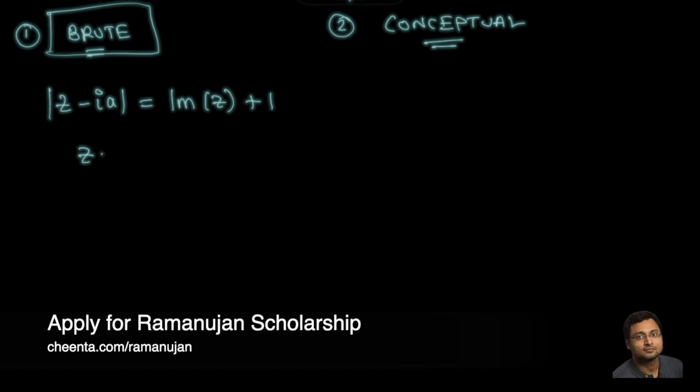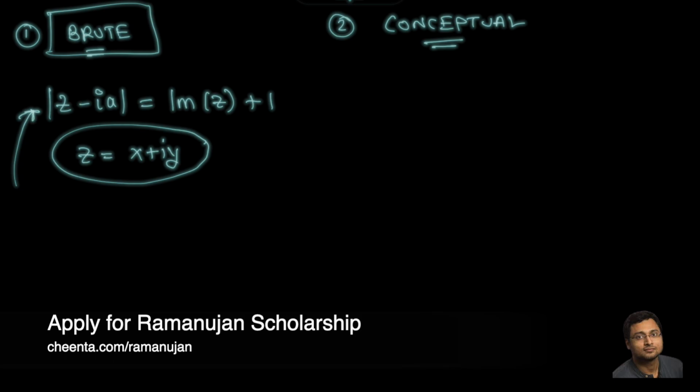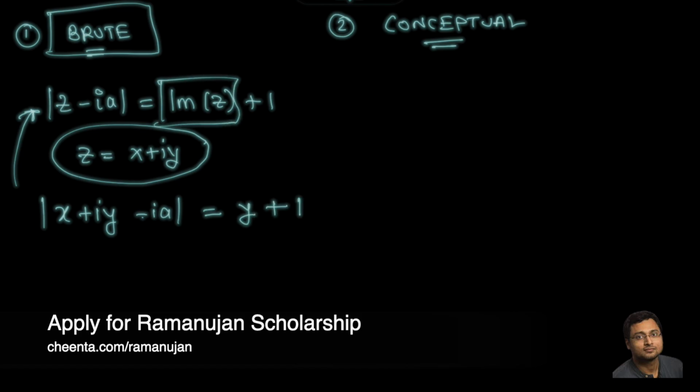Now suppose z is equal to x plus iy. This is the general form of any complex number. Then you can replace z here with this expression. So x plus iy minus ia is equal to, the imaginary part of z is simply y, plus 1. So what do you get? You get the absolute value of x plus i times y minus a equals y plus 1.